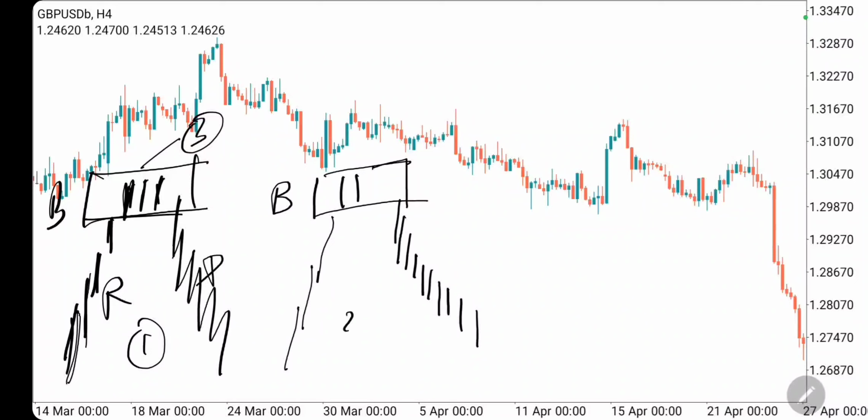A demand zone or area can also be called, some people call it, bullish order blocks. This demand zone is an area in a forex chart where you take buy trades from.